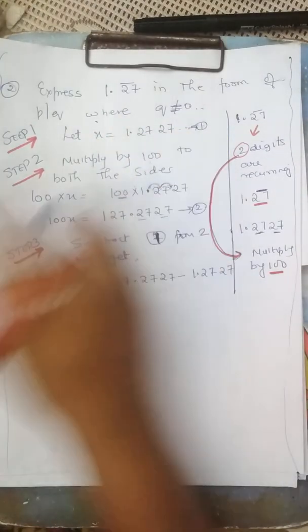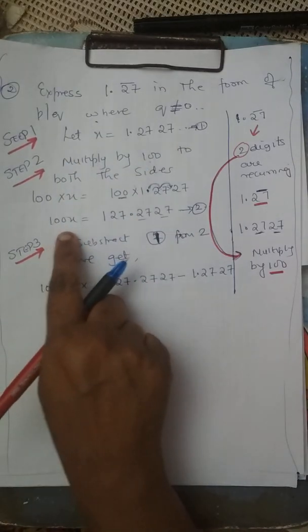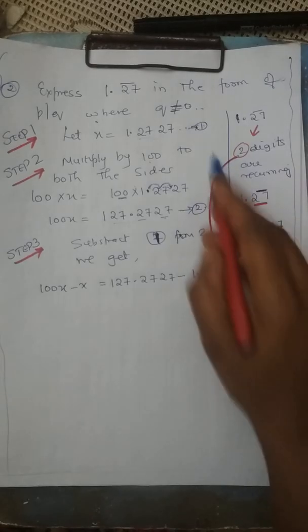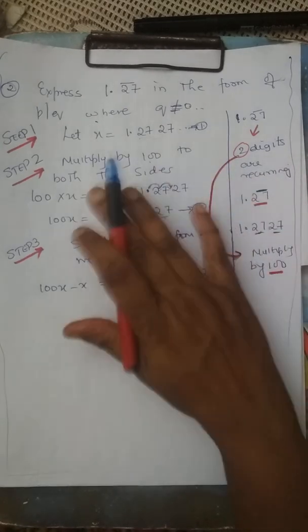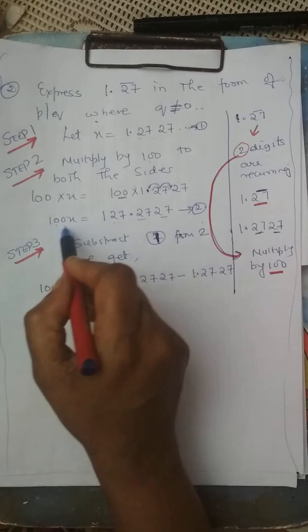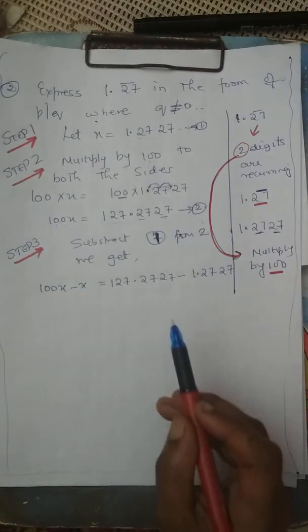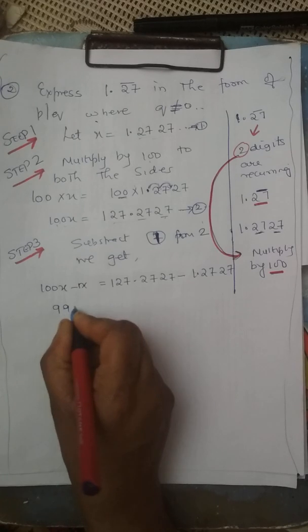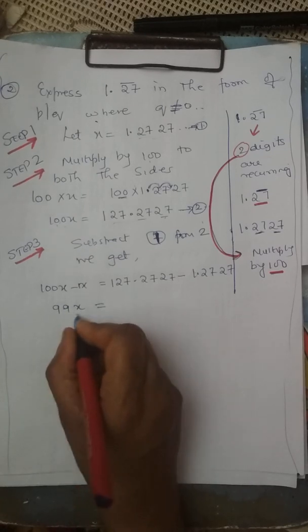So left hand side we subtract 100x minus x. Right hand side we subtract this minus this. So this is equation 1, this is equation 2. So on the right hand side we do this way, on the left hand side we do only this. Now what is 100 minus 1? 99, everybody knows. Don't forget to put your x.